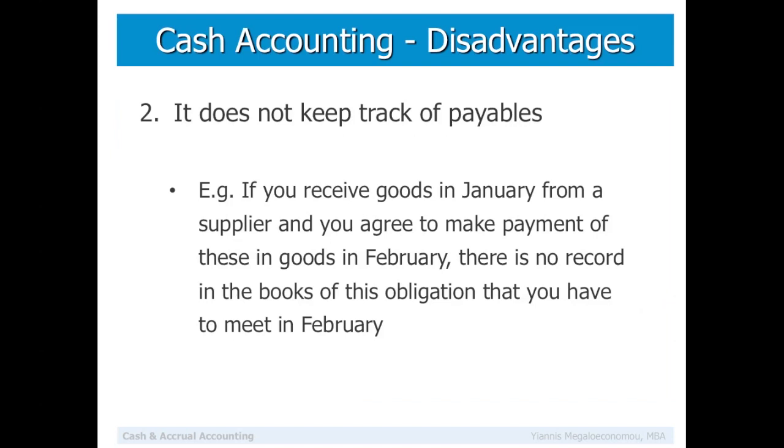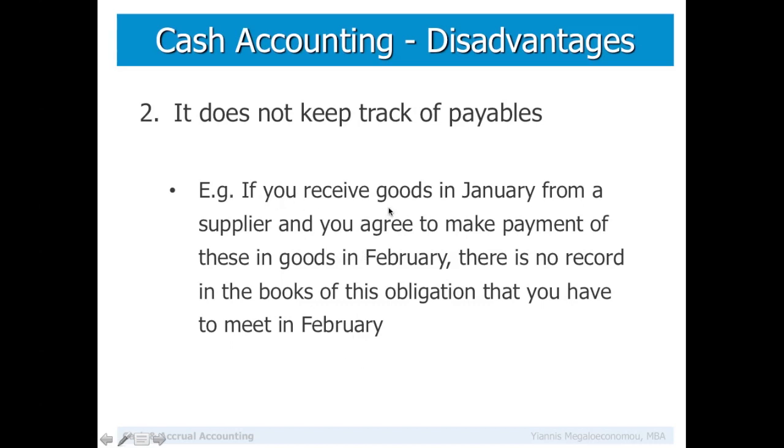Likewise, another disadvantage is that the cash accounting method doesn't record any payables. Payables are obligations of the business towards others, let's say liabilities or obligations to a supplier. Let's see an example here.